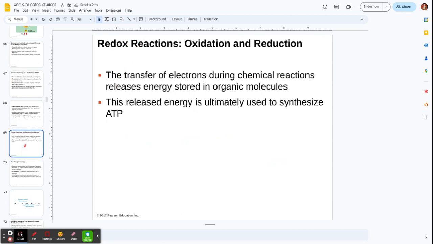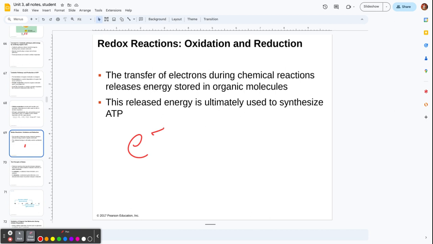Okay, so back to the electron thing. When we're talking about electrons, electrons can be moved. They can be passed from one molecule to another. And when they are passed from one molecule to another, let me start with this. What is the charge on an electron? Negative, right? Okay.